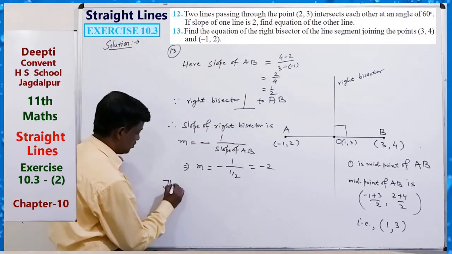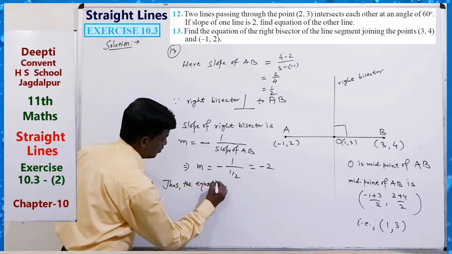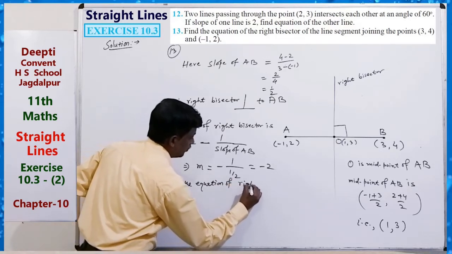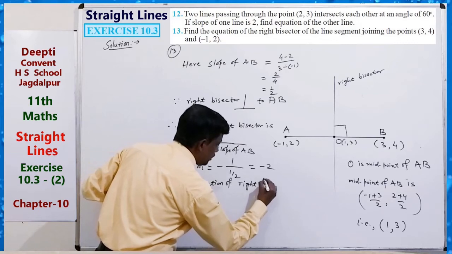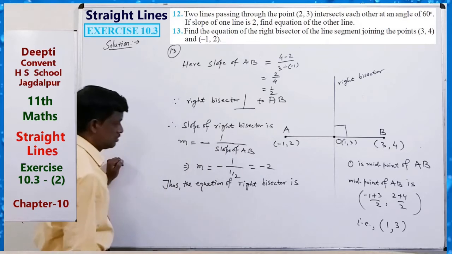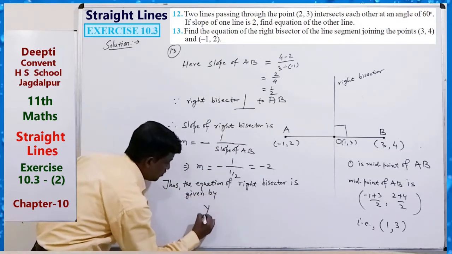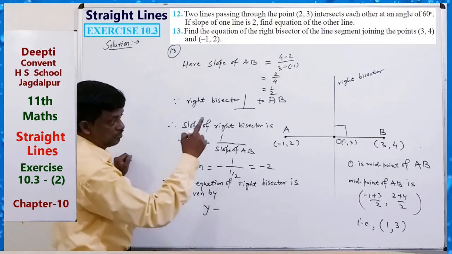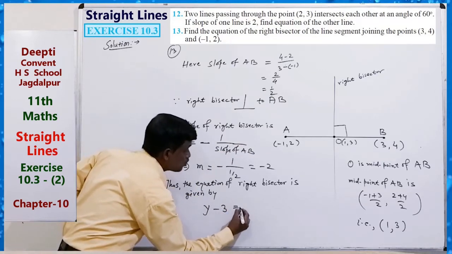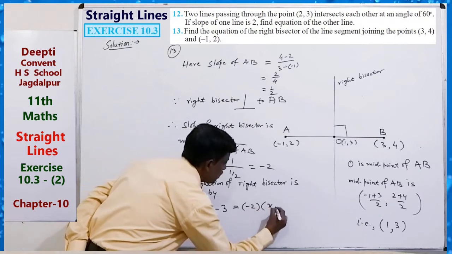Thus, the equation of the right bisector is given by y minus y1 equals slope minus 2 times x minus x1.